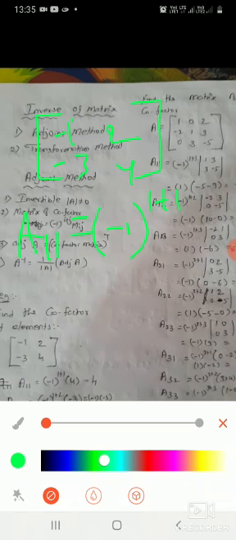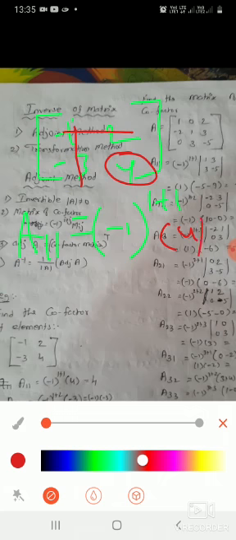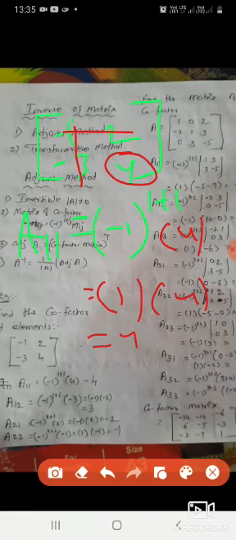Now A11 cofactor, minus 1 the whole power i plus j, 1 into A11 is this one. A11 means the first row and first column you have to leave. What is the number coming? 4. So minus 1 the whole power, this one is square is 1. 1 into 4, 4. So first value is 4.